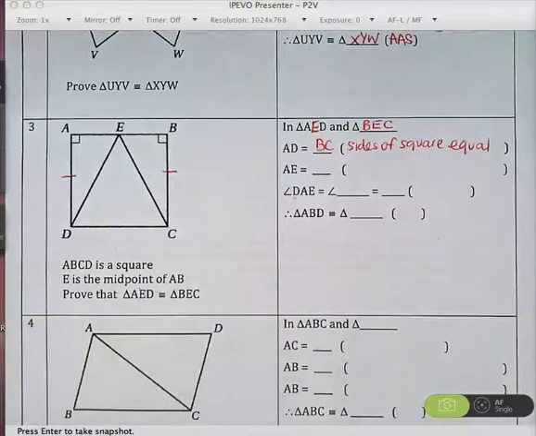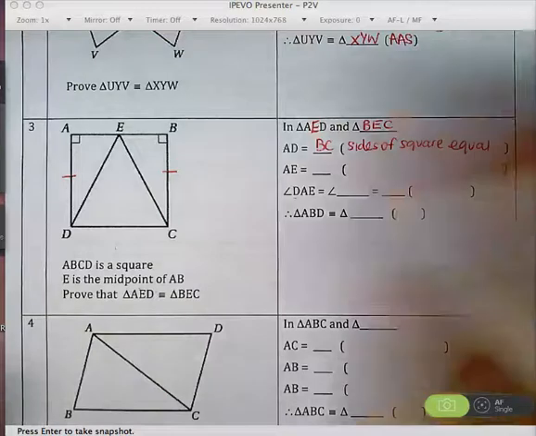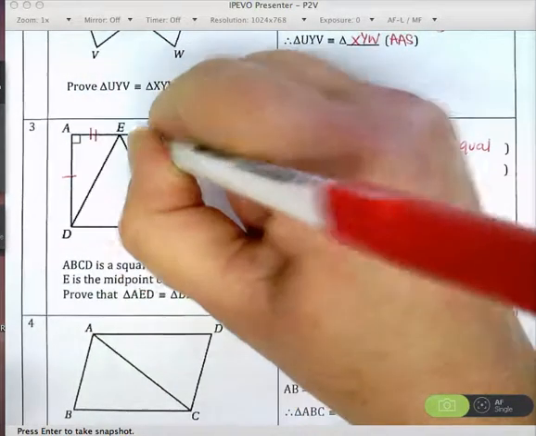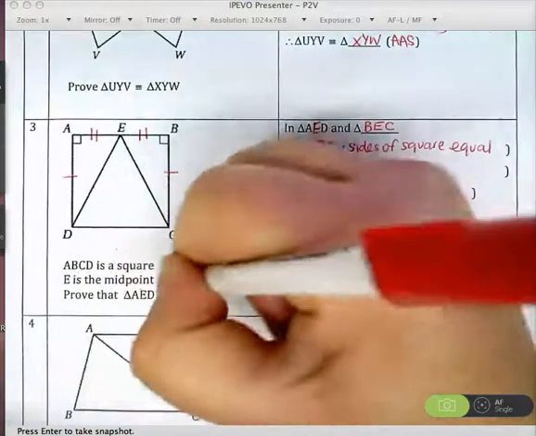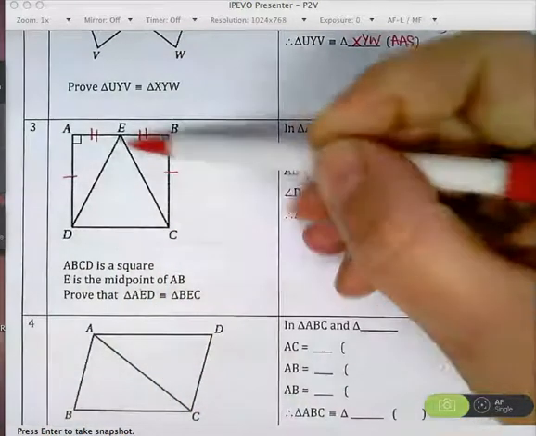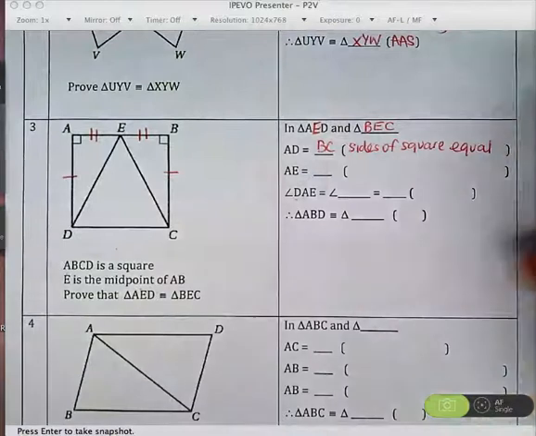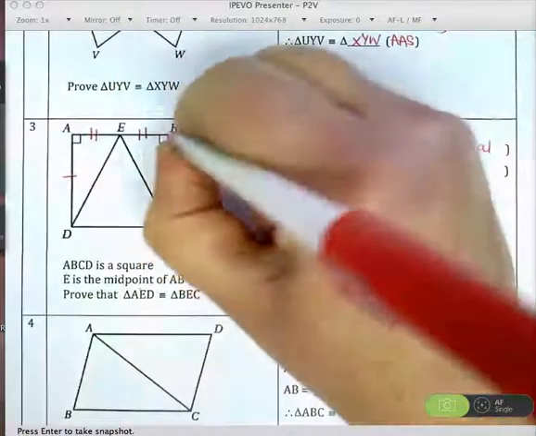We know that AE is equal to BE, and the reason for that is that we were told that E is the midpoint of AB. If E is the midpoint of AB, it divides it in half. That's what a midpoint does. So we say that AE equals BE.